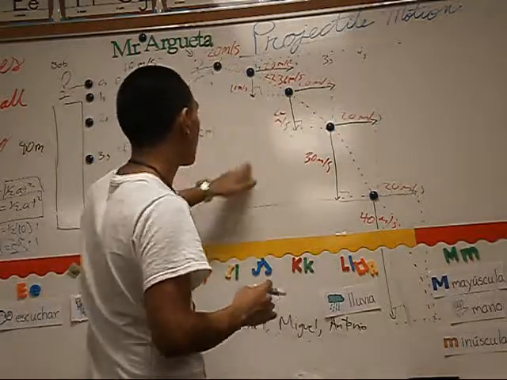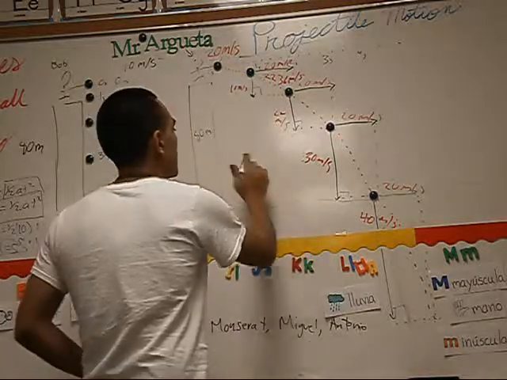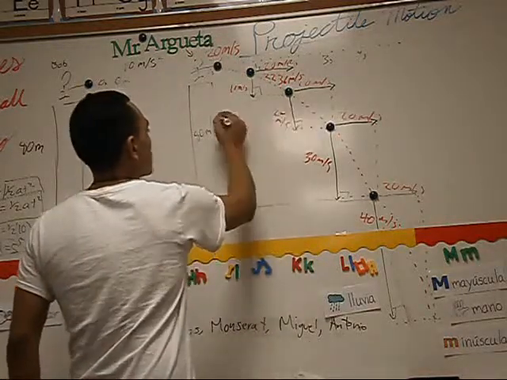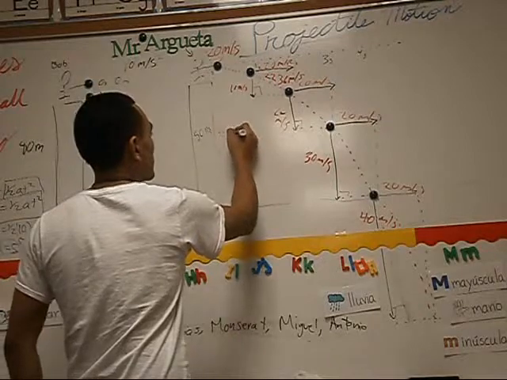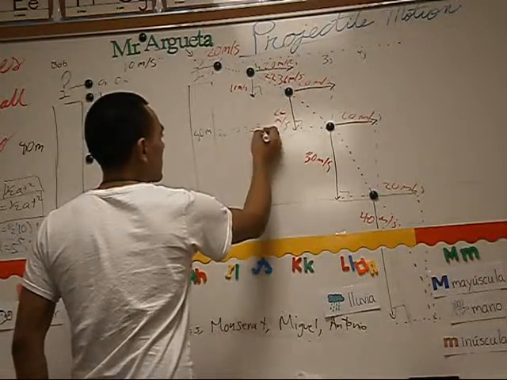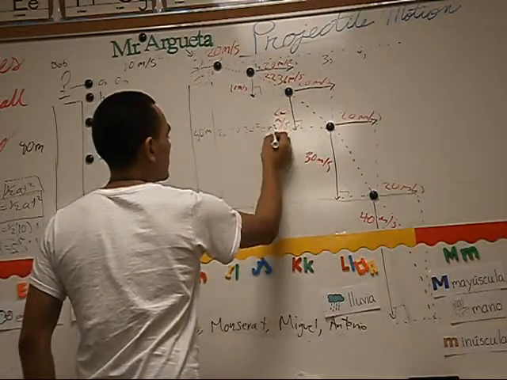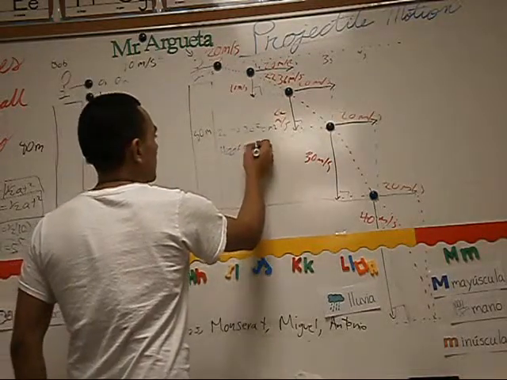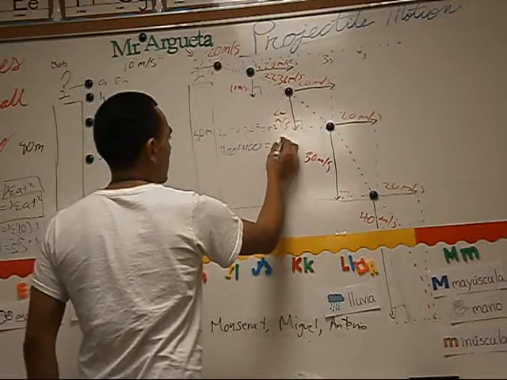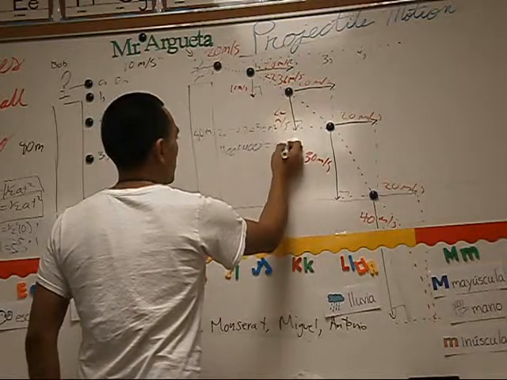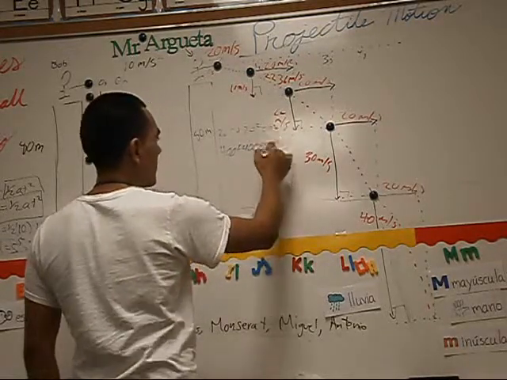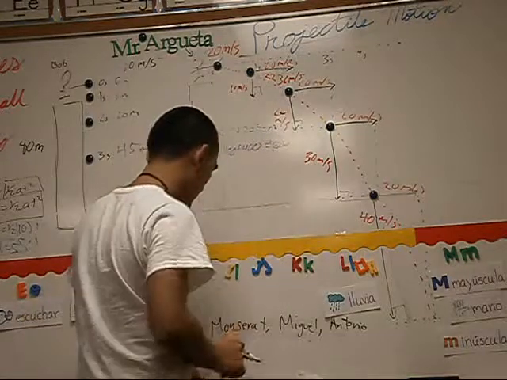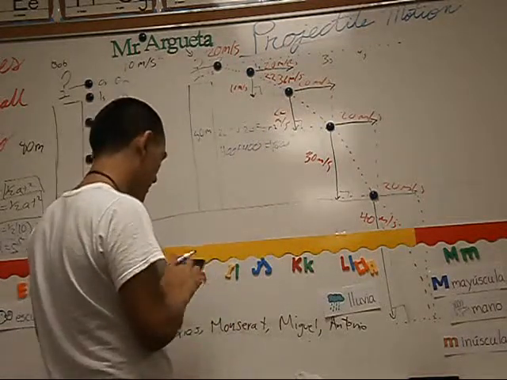So, on this one, 20 squared plus 20 squared equals resultant squared. 400 plus 400 equals 800. So now we're going to try to find out the square root of 800.